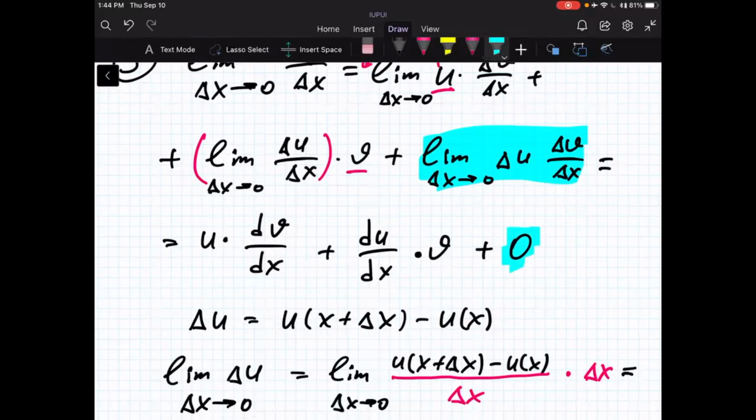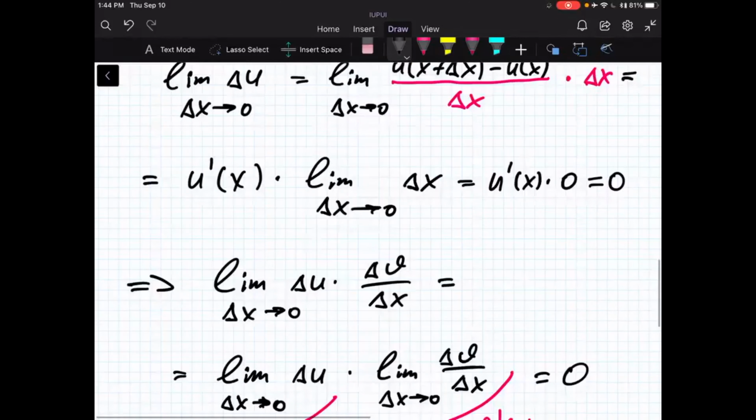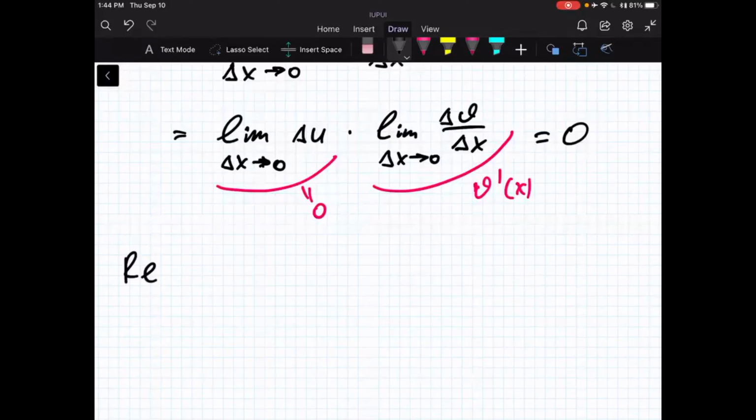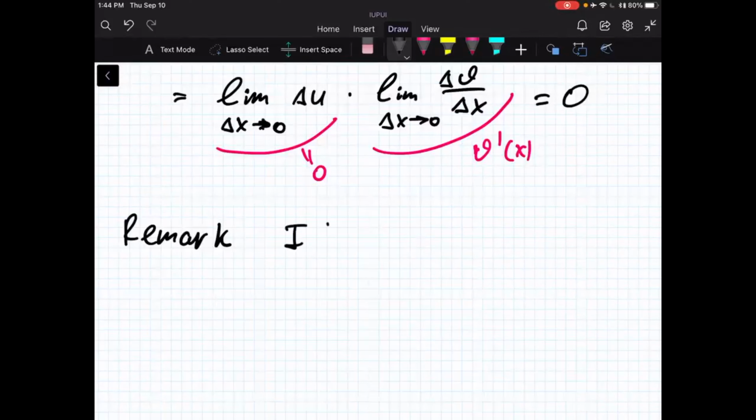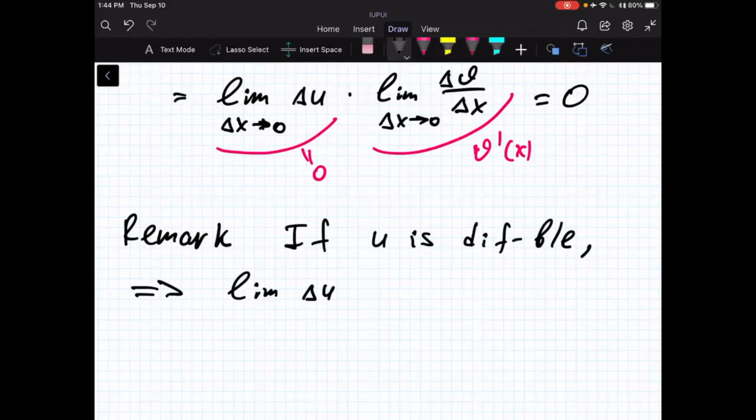Okay, and moreover, some remark that from this, what we have shown, if u is differentiable, then we had that the limit of delta u when delta x goes to 0 is 0, right?